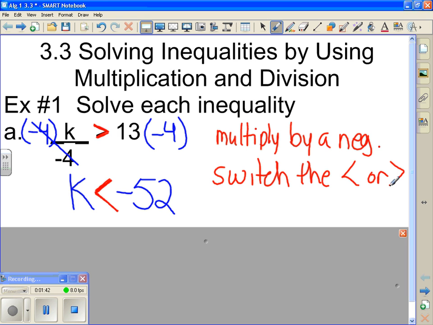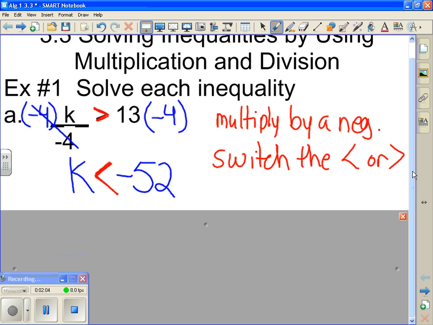You have to switch the less than or greater than when the number that you multiply by is a negative number. So if there's a negative on both sides, you have to switch the symbol. Okay? Good. Let's move on to A.